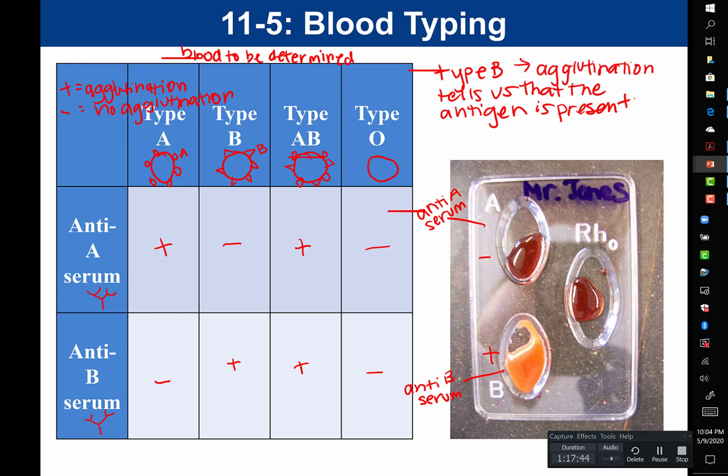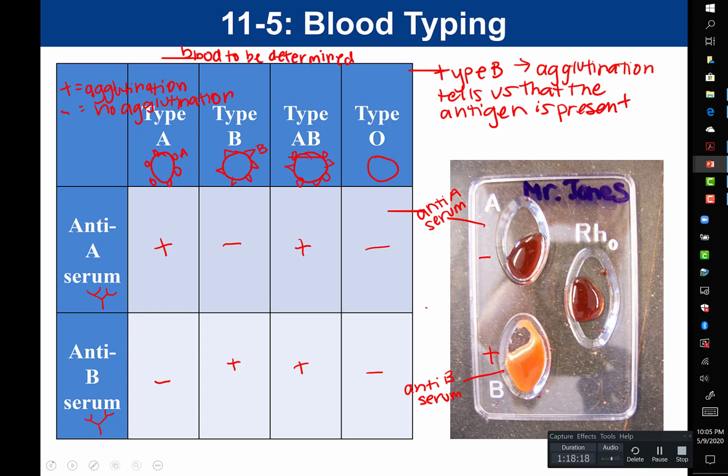So for type B blood, we're going to expect that we get agglutination for the anti-B serum, but not for the anti-A. If this was A blood, it would be the opposite. We would get agglutination for A and not for B. If the blood is O, we're not going to get agglutination in either. If the blood type is AB, we are going to get agglutination in both, right?